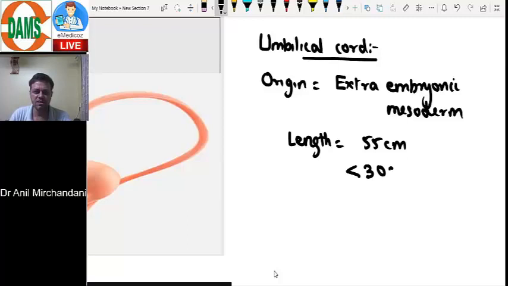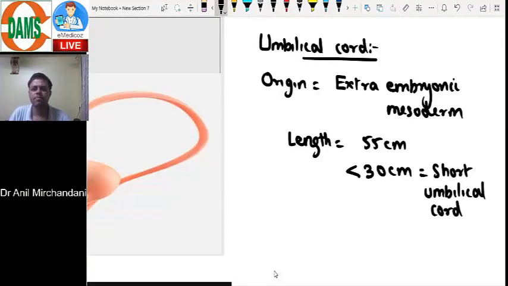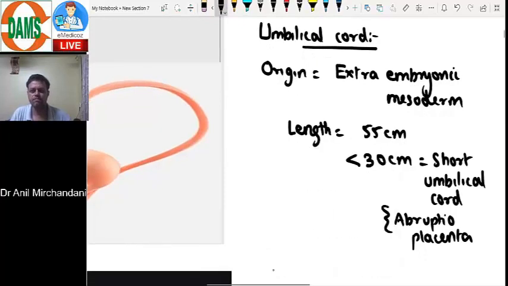If it is less than 30 centimeter, it is called short umbilical cord, which is associated with abruptio placenta. Short umbilical cord is associated with abruptio placenta.